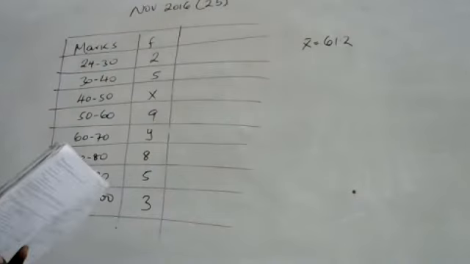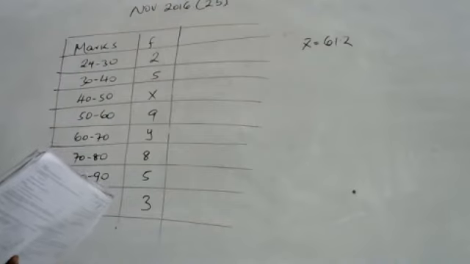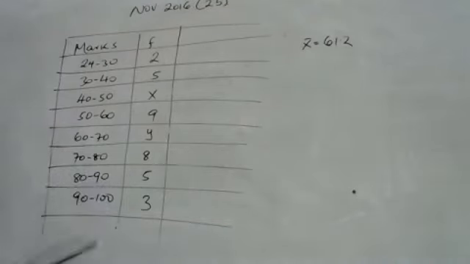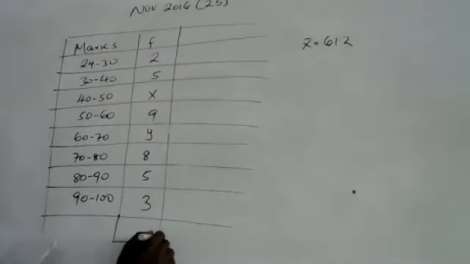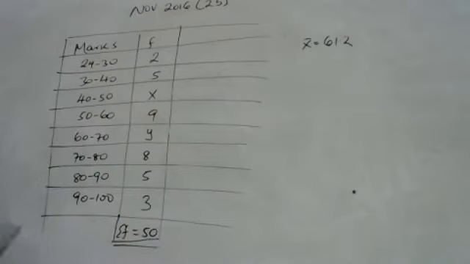We have also been told that the table shows the grouped frequency distribution of marks obtained by 50 candidates, so if we add the frequencies, the summation of f should be equal to 50. That is what we need to understand.